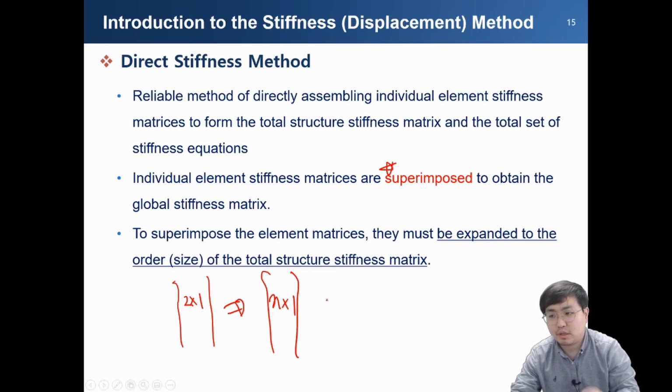From our point of view, we can easily expand it. However, from the computational point of view, they need several techniques to expand it. So actually it's not a good way to use this kind of method. However, you can easily use the direct stiffness method.